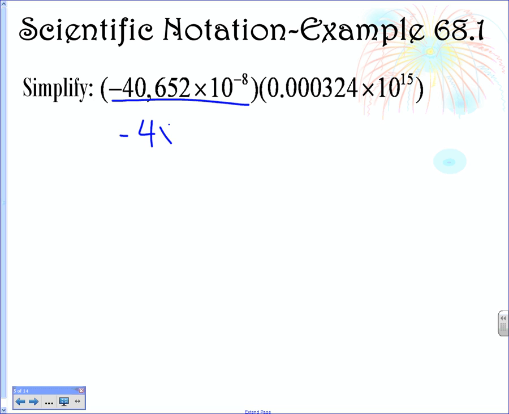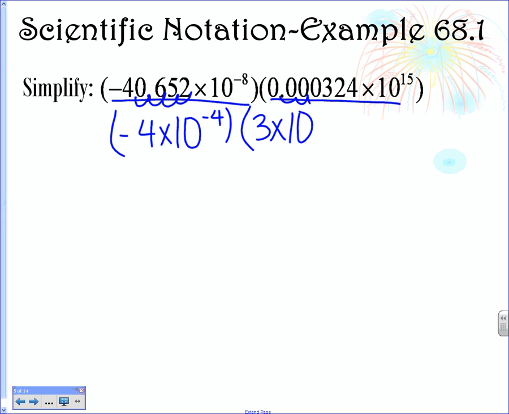Negative 4 times 10 to the what? 1, 2, 3, 4 places. Okay. And then we would estimate this number to be what? 4.